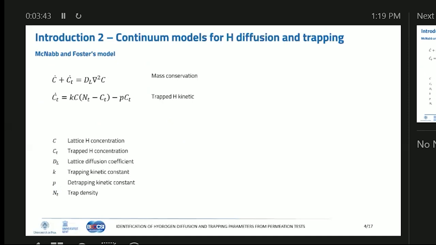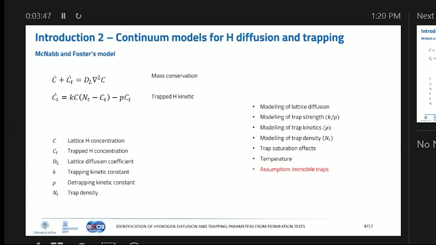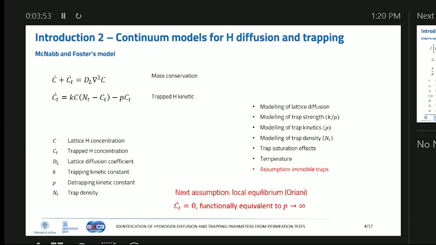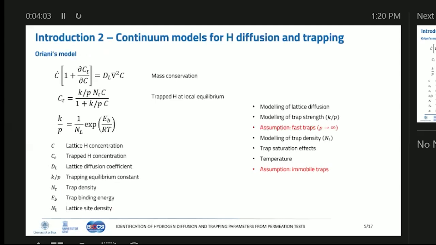And then the trapped hydrogen kinetics, which depend on very many parameters. But this is usually not used directly. Usually, Oriani's model is used, which we can obtain if we move from this and assume local equilibrium, which can be done mathematically in a few different ways, but I don't want to go into details now. The point of the Oriani model is, at this point, we lost the kinetics, and we can put it all together in the first equation.